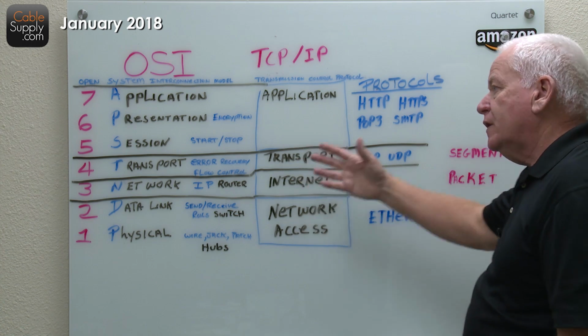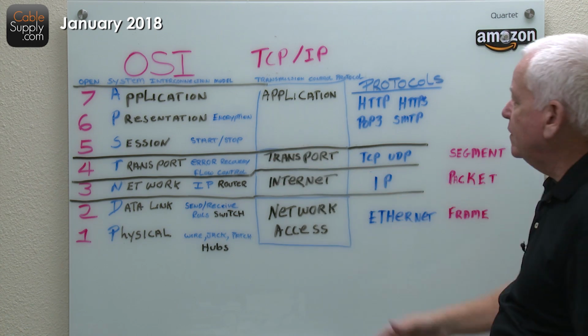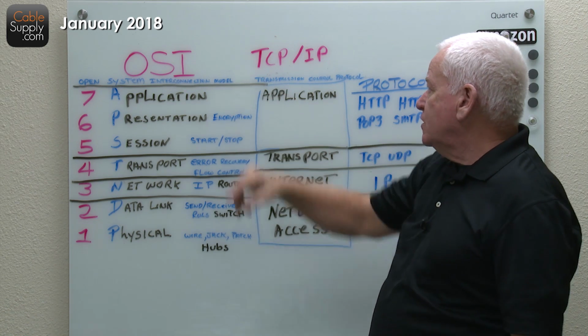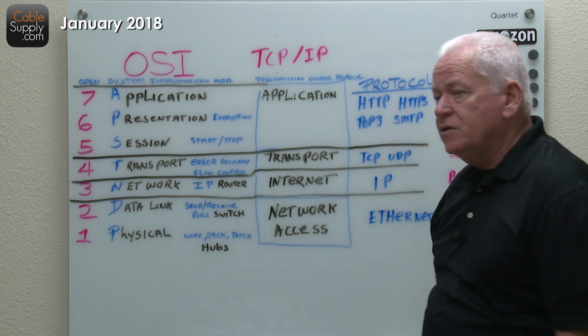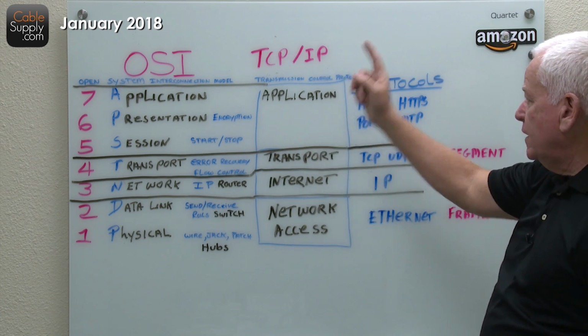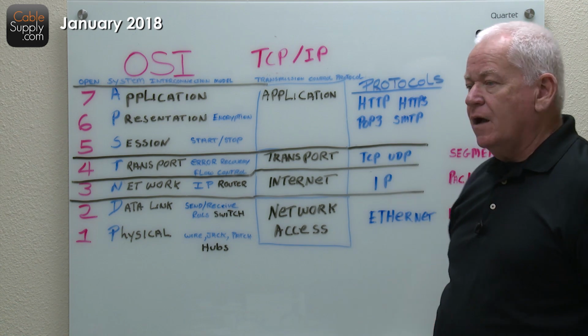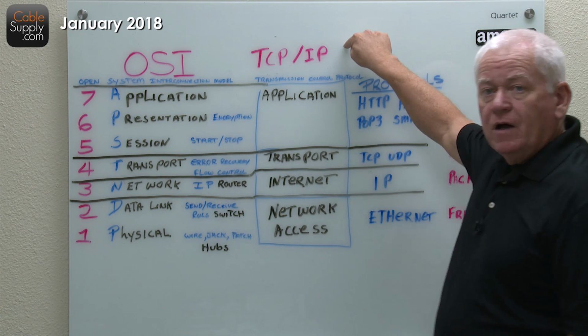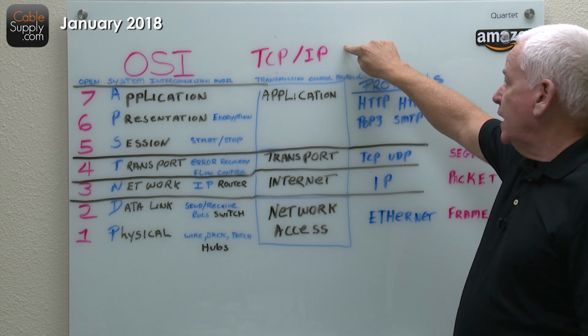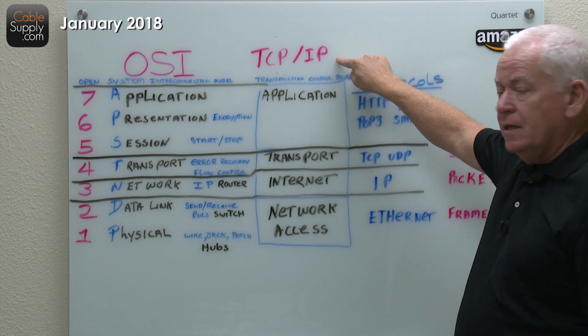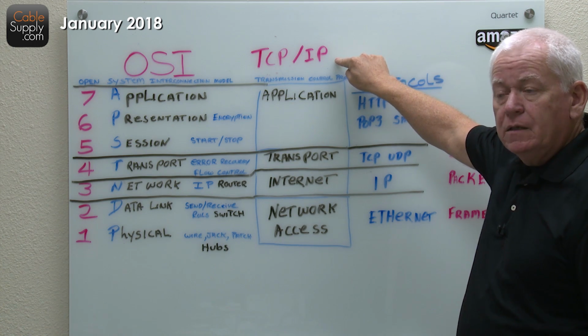Let's talk a little bit about the history again. It started in the 70s. This is a great organization, the ISO, International Standards Organization. They came up with this, but they were very slow in processing. And in the meantime, DARPA and some volunteers in the country came up with the TCP/IP protocol stack.